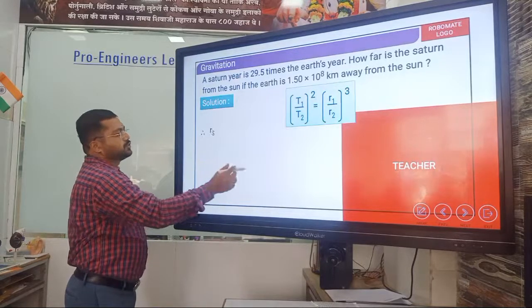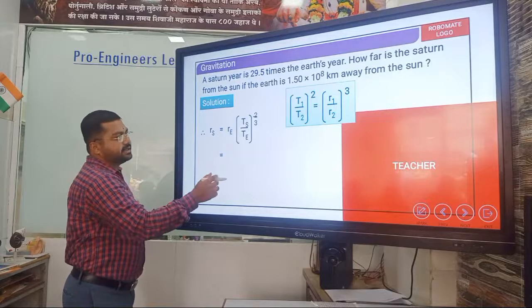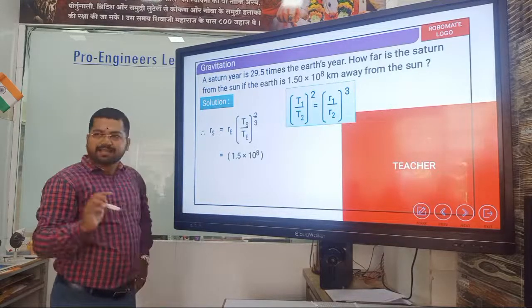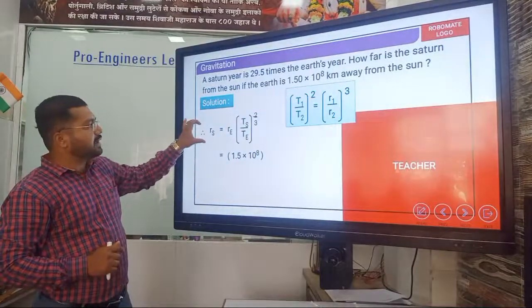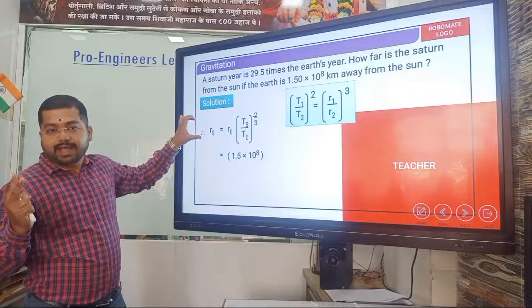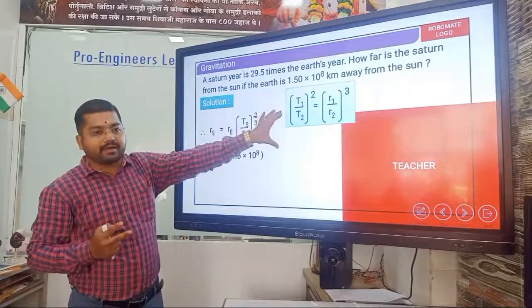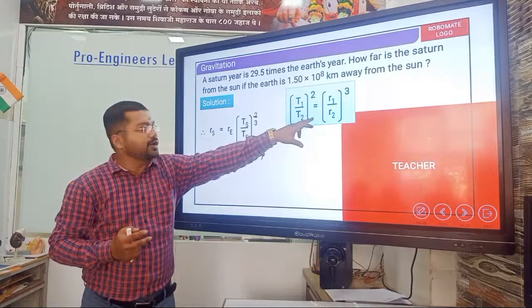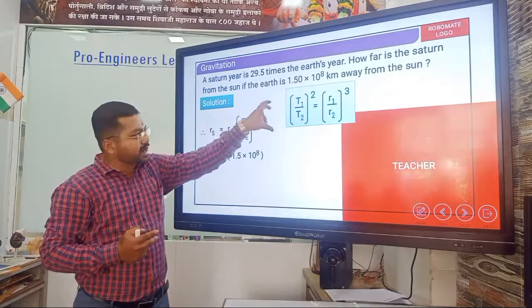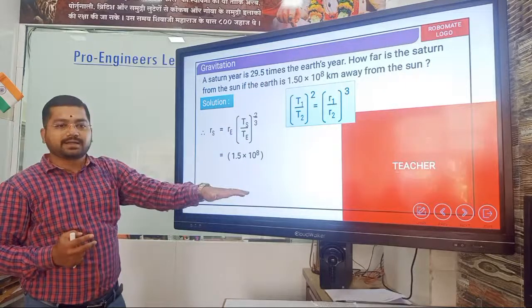So what is the solution? RS is equal to RE times (TS by TE) to the power 2/3. It is the same comparison. We have just arranged it in terms of R2. If this R2 goes on this side, then this bracket will go in a reverse way, that is T2 by T1.